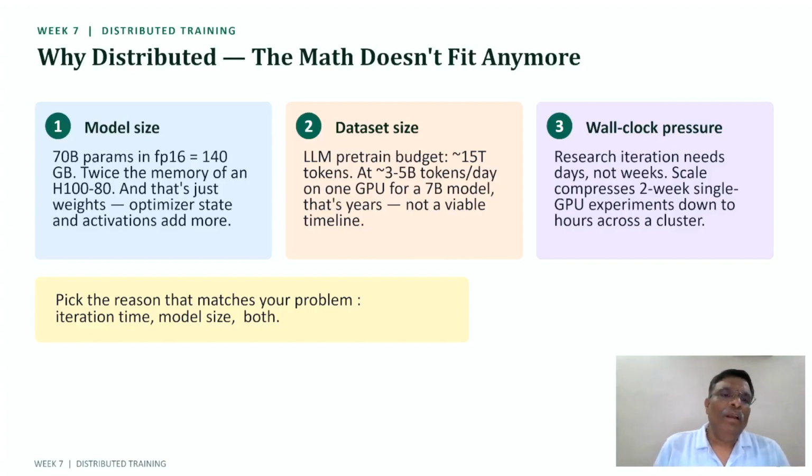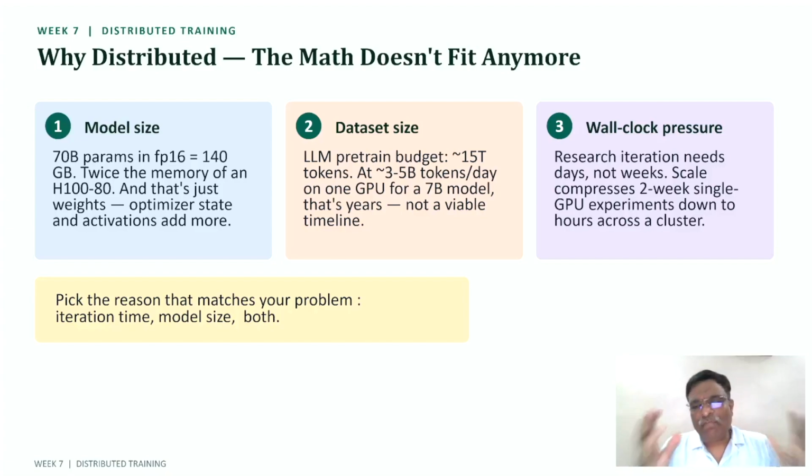Now we see the reasons of why, or what is the problem being faced by us as well as people who work in the industry on these AI models. There are three reasons, or three basic issues. The first is the iteration time, the second is the model size, or in the majority of cases it's both.